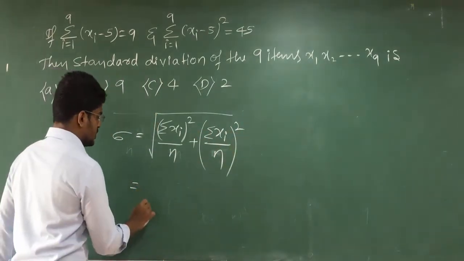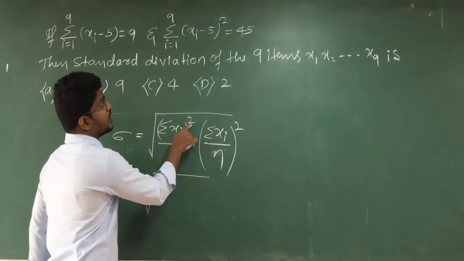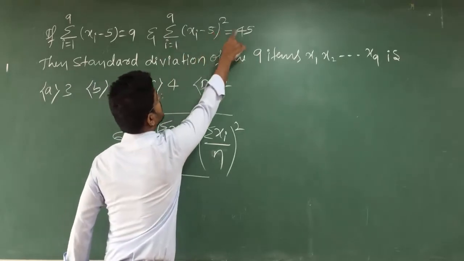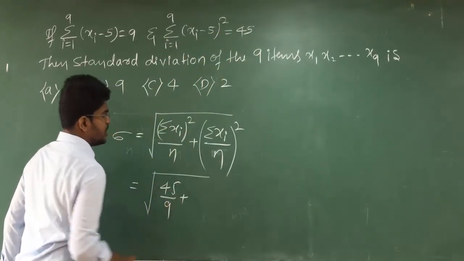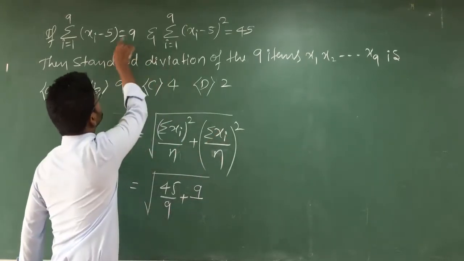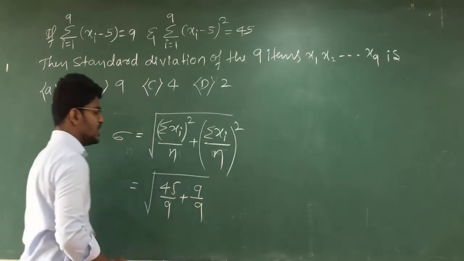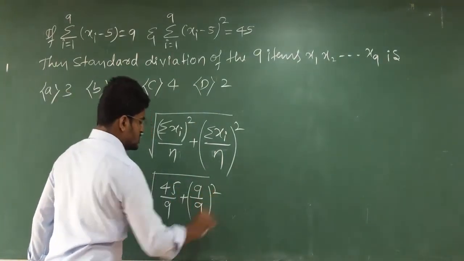Clear? So this is equal to square root of, see here, summation of xi square. Summation of xi square is how much? 45 divided by 9, minus summation of xi, which is 9, divided by 9, whole square.